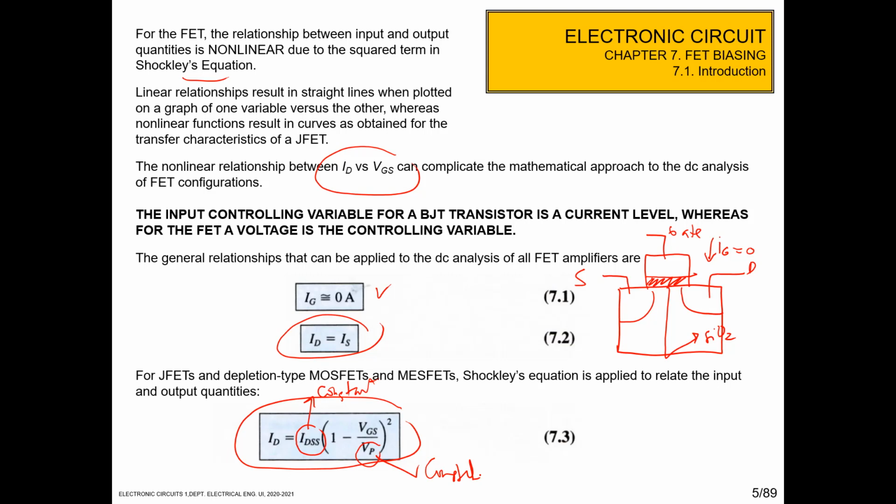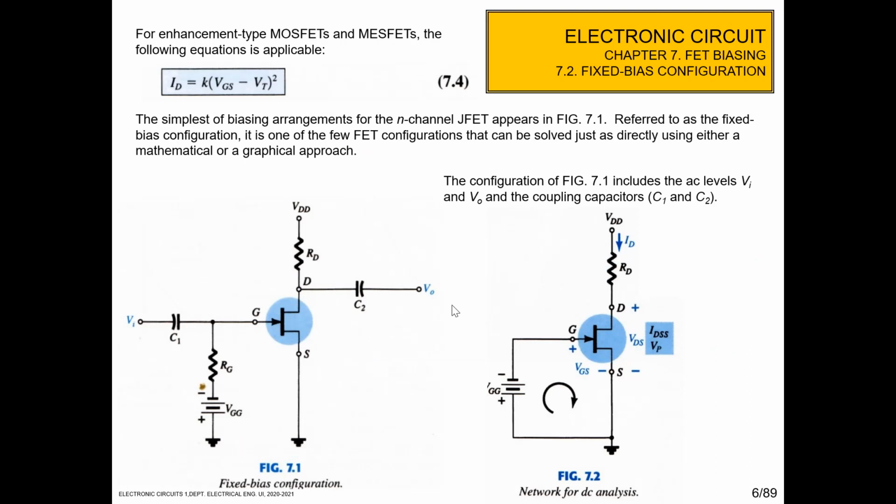So we can control the ID by changing the VGS. That is why the FET is a voltage controlled current source, because we control the ID using the VGS, the voltage between the gate and source. For the enhancement type MOSFET and MESFET, we can apply the following equation: ID is equal to K multiplied by (VGS minus VT) squared.